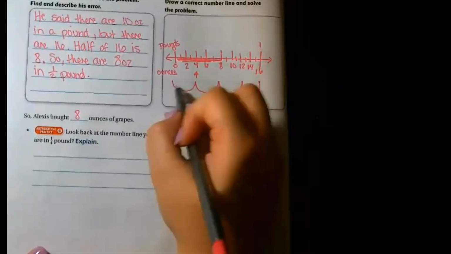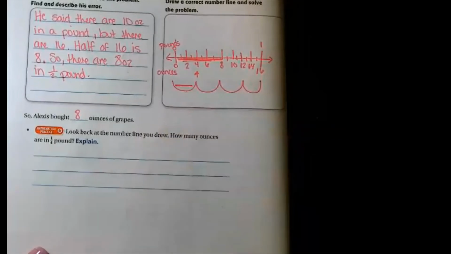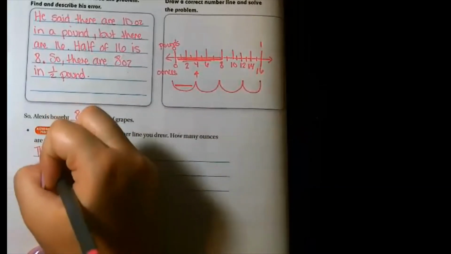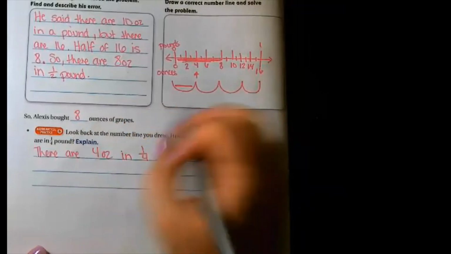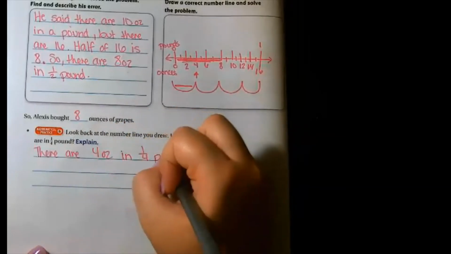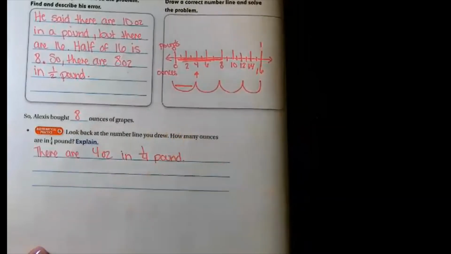So 1/4 would just be one jump here, which would be 4 ounces. So there are 4 ounces in 1/4 of a pound. Sorry, in 1/4 pound.